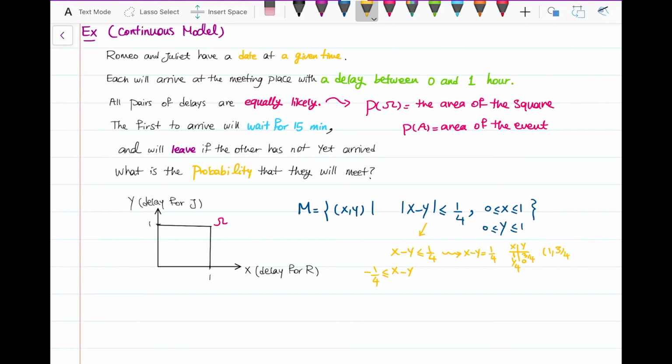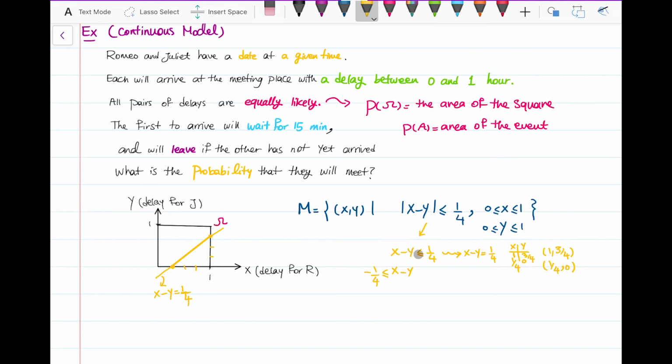So I have the points (1, 3/4) and (1/4, 0). So the line would be this line. This is the line x minus y equals 1/4.